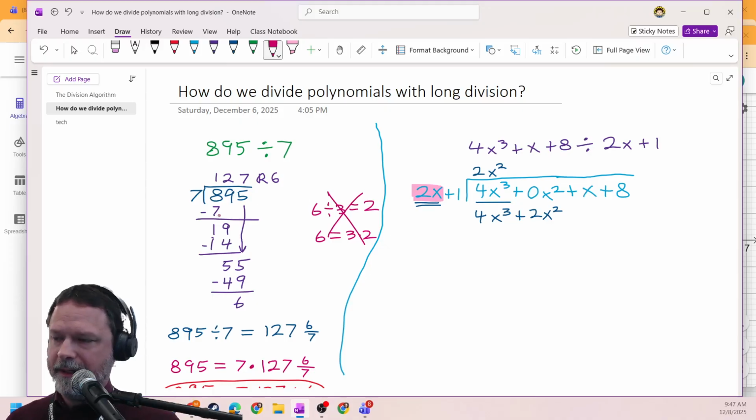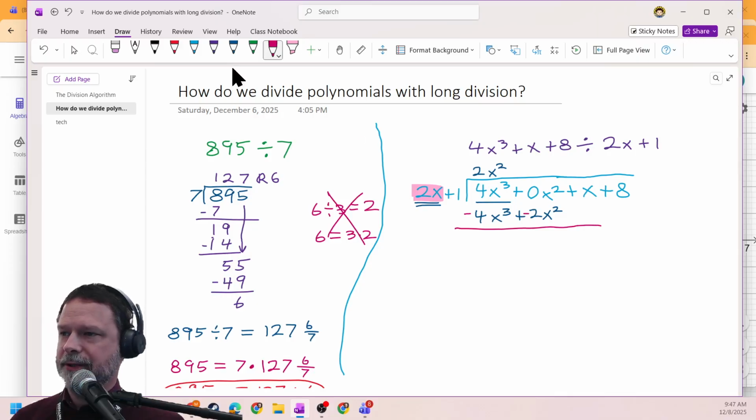So you got to be very careful when you subtract polynomials. And the way I like to do it is distribute the negative in, right? You could say minus this whole thing, but rather than do that, just change the signs on everything. Negative, negative, and then add. So we're adding the opposite. It's the same thing as subtraction.